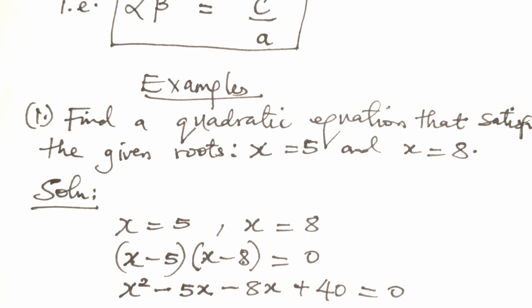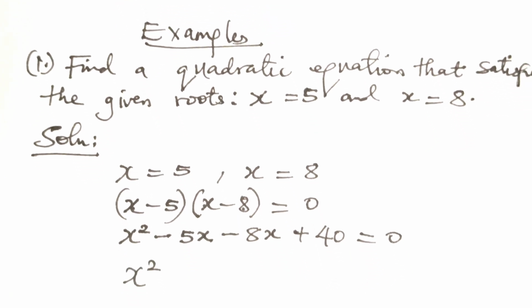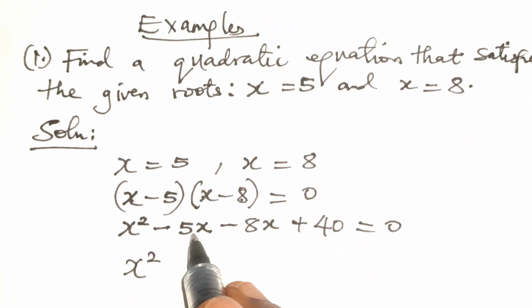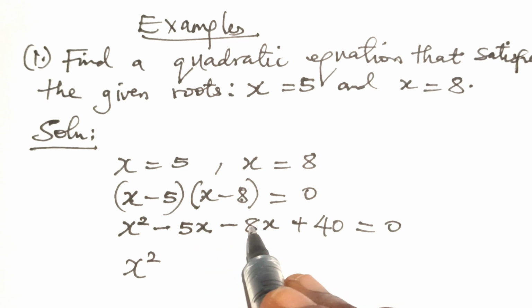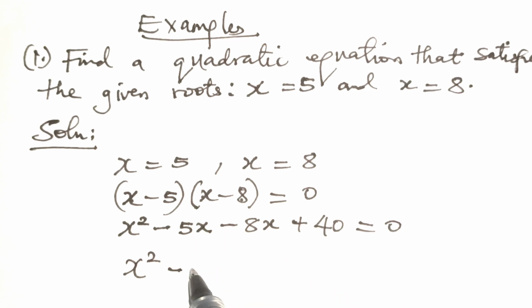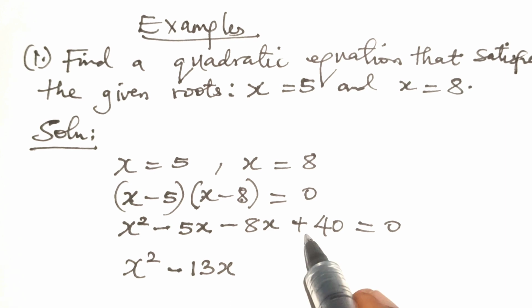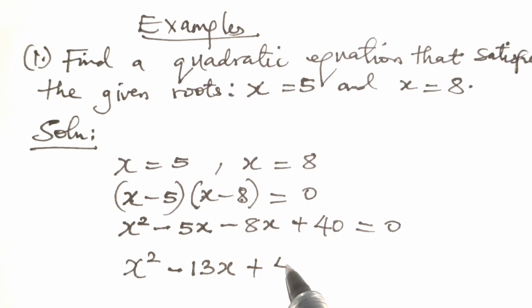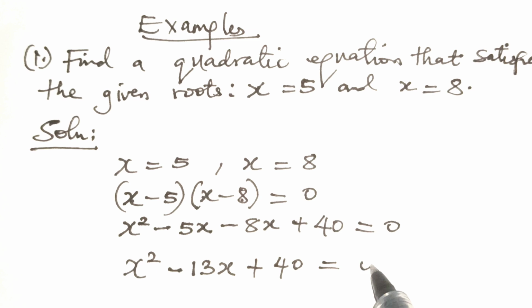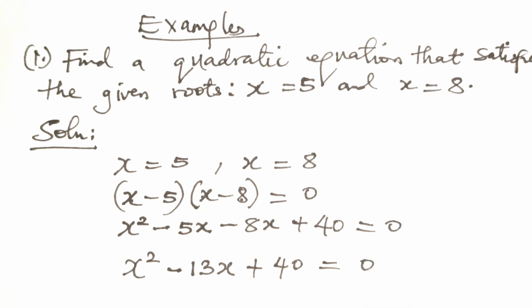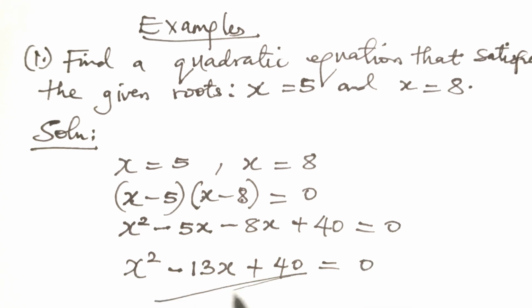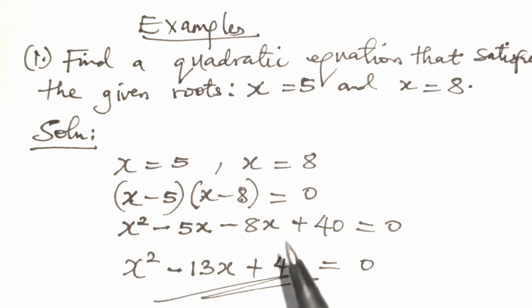So we have x squared minus 5x minus 8x will give minus 13x plus the constant term 40 equal to 0. So this is the quadratic equation whose roots are 5 and 8.